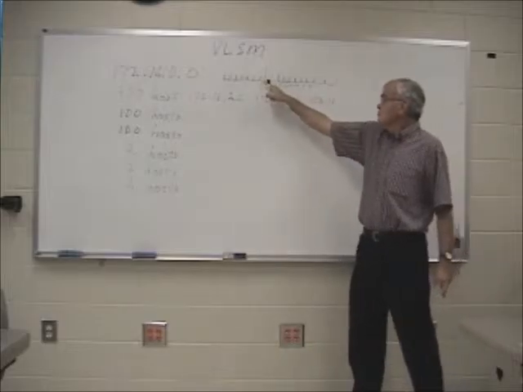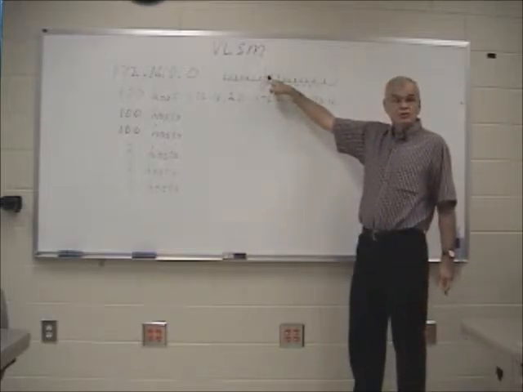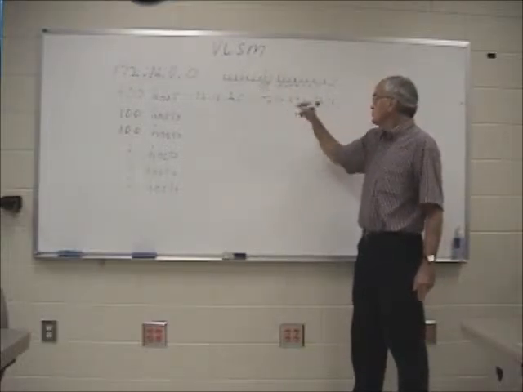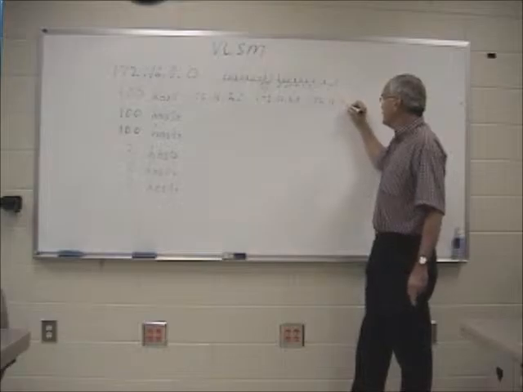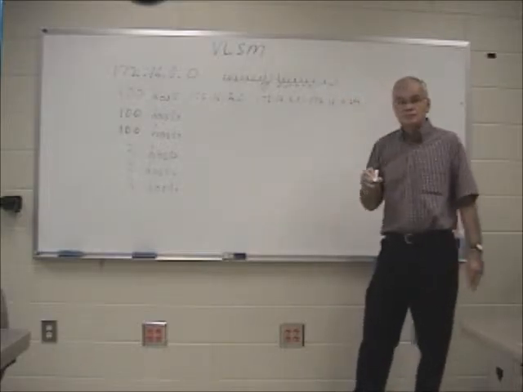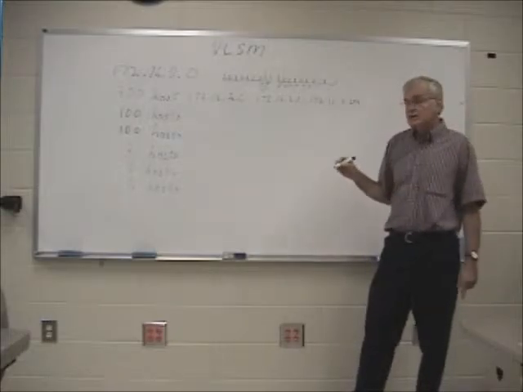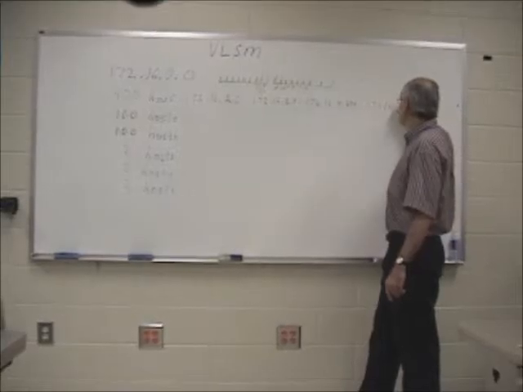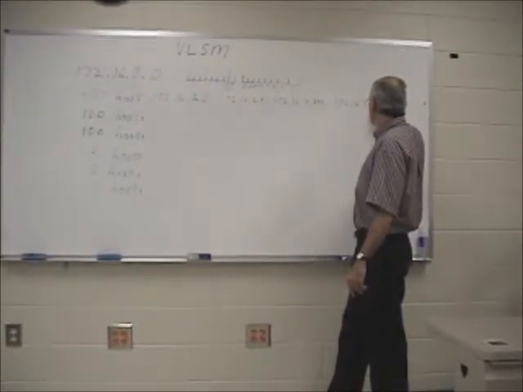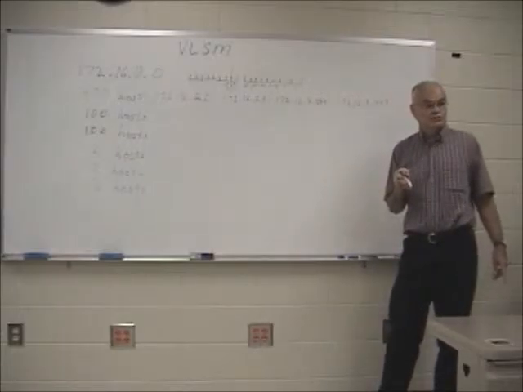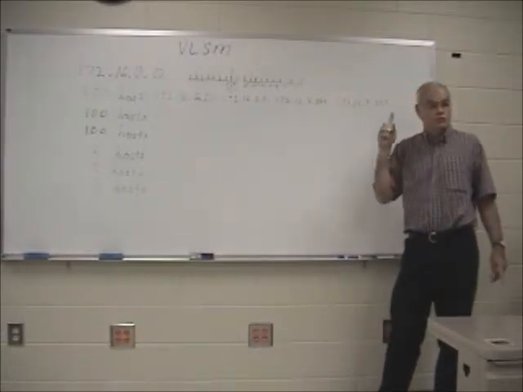But guess what? We've got one more bit over here that we're using for host addresses. So the highest one's going to be with a 1 there and still a 1 sitting here, so it's 3 now, dot 254. And the broadcast is 172.16.3.255. Y'all see where I got those addresses from? We're working from the binary.